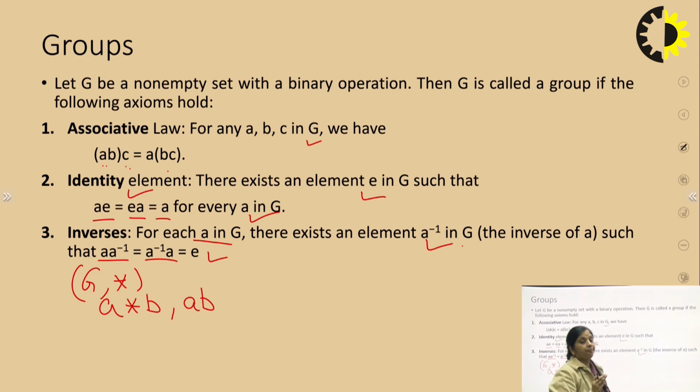So if it is associative, has the identity property and has the inverse property, then the non-empty set G with the binary operation star forms a group. These are the axioms considered for being a group.